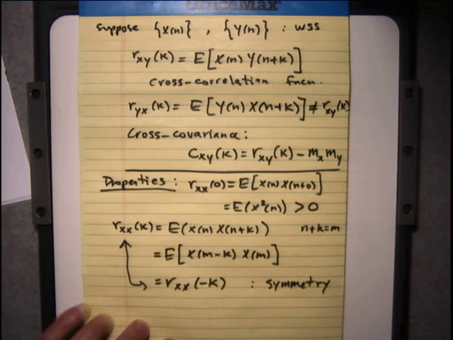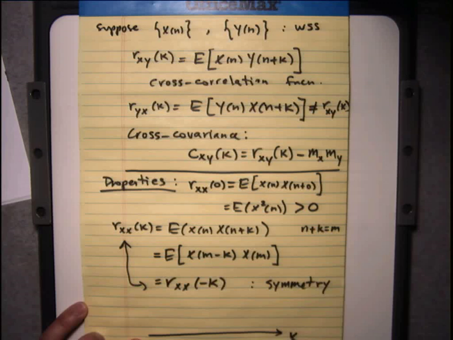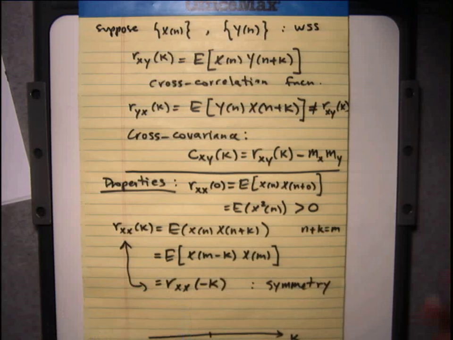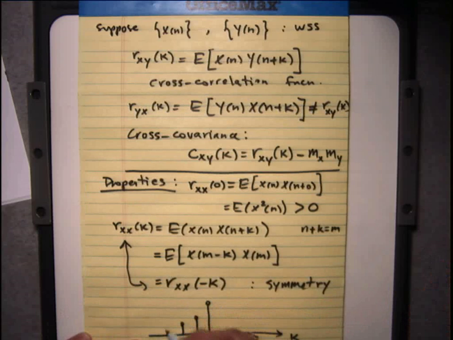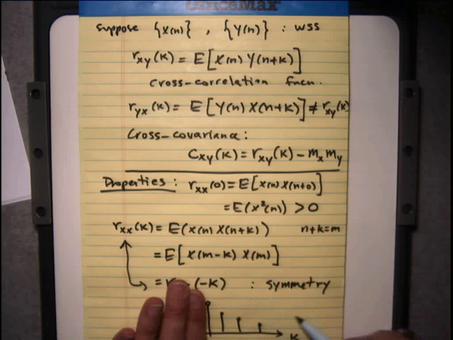In other words, if I wanted to make a plot, say this is k, and this is 0, I wanted to plot Rxx of k for any random process, it would probably look something like this. Okay? Whatever shape this side has, the other side must have exactly the same shape.